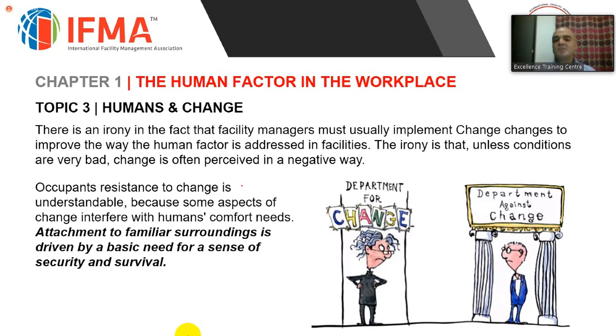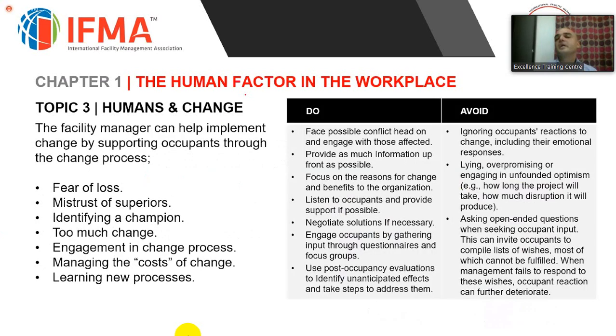So occupants' resistance to change is understandable because some changes interfere with human needs. Attachment to familiar surroundings is driven by a basic need for a sense of security and survival. That's why you find us usually going through the same road to work, reading the same newspaper, and so on. Managing change is a very important aspect.